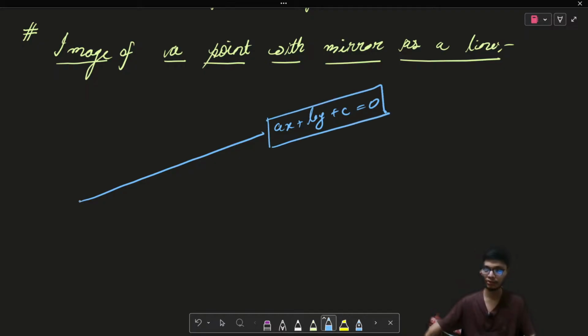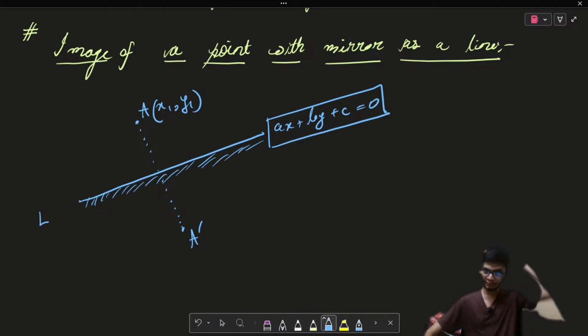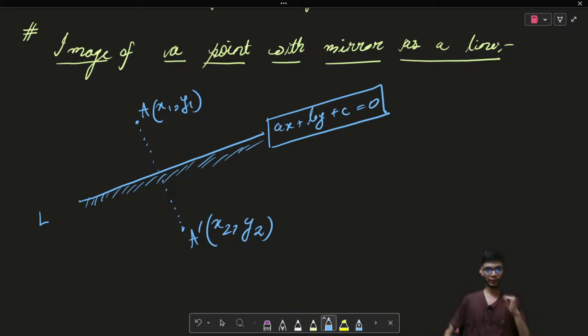If I want to find the coordinates of the image of a point A, this is my point A, this is my line L, with respect to line L as the mirror, and A dash is my mirror image with coordinates x2 y2, I want to find what x2 y2 will be, right?